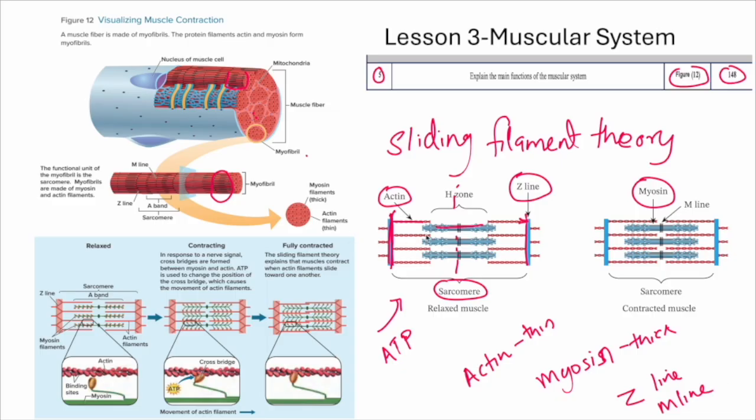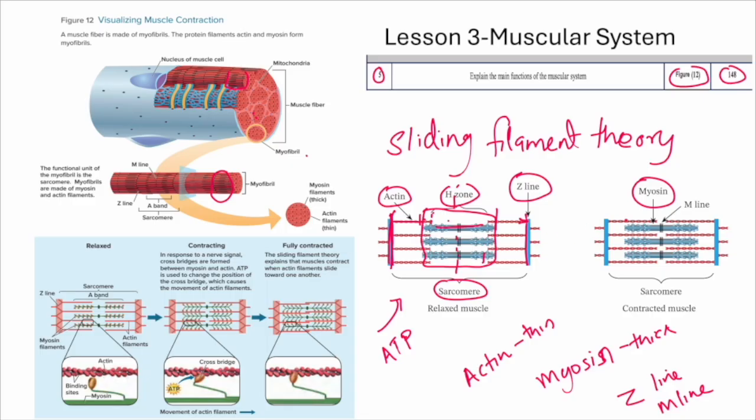And the area where you can see both the actin and myosin filaments is called the A band, right? Where you can see both actin and myosin, it is called the A band. And the area where only the myosin filament can be seen is called the H zone, right? And let's see how the muscle is moving.